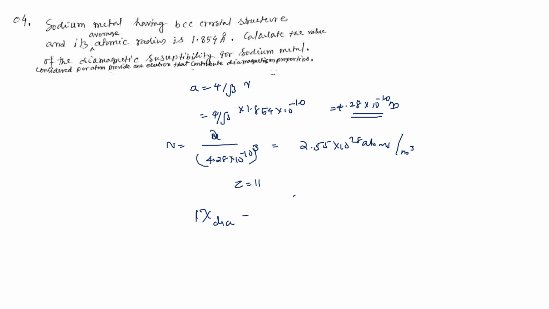Chi diamagnetic is equal to minus mu 0 Z e square n R square divided by 6m.